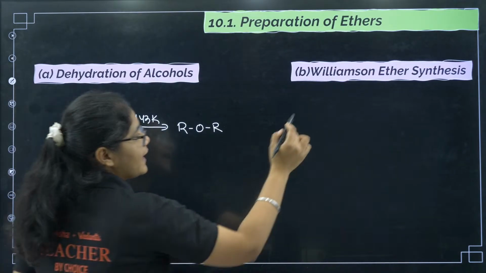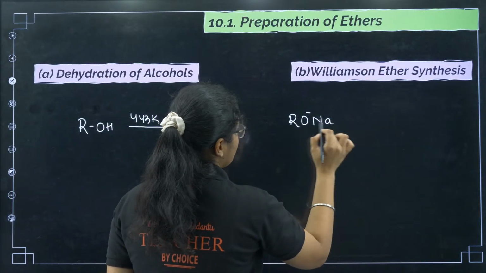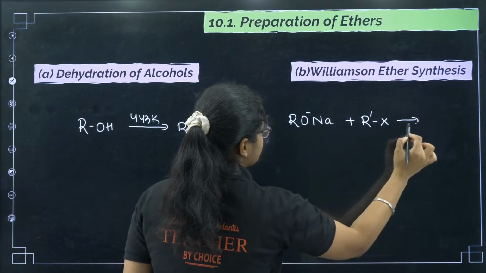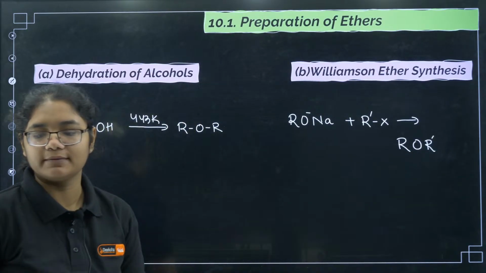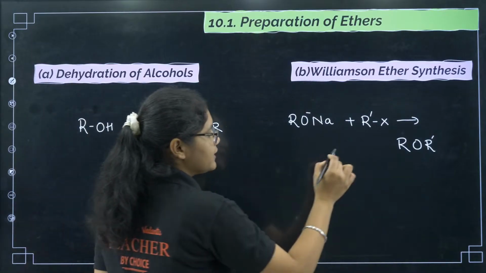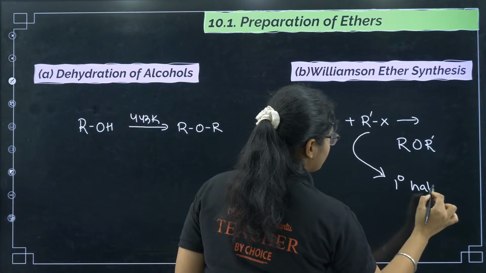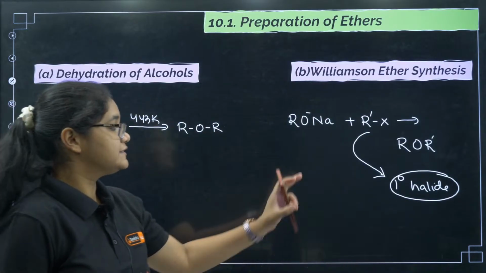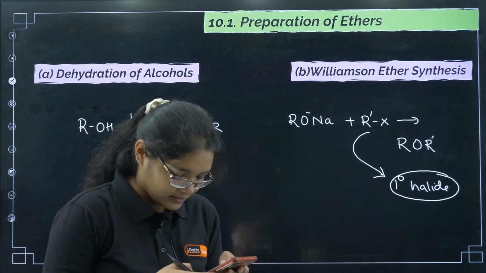For Williamson ether synthesis, RO- Na+ and R'X will give ROR'. Here one condition you should remember: this RX must be a primary halide. You should not take secondary or tertiary halides here. It has to be a primary halide.